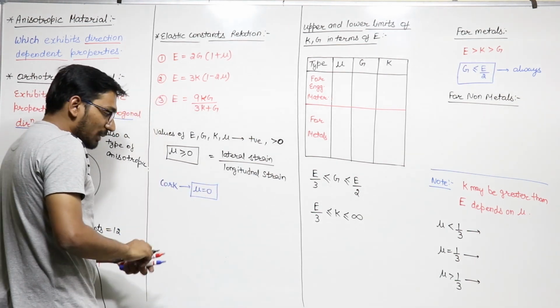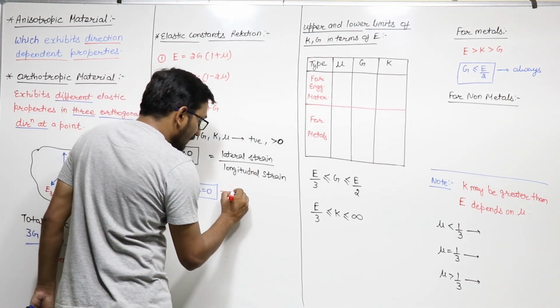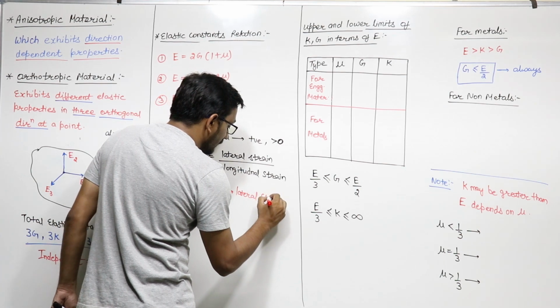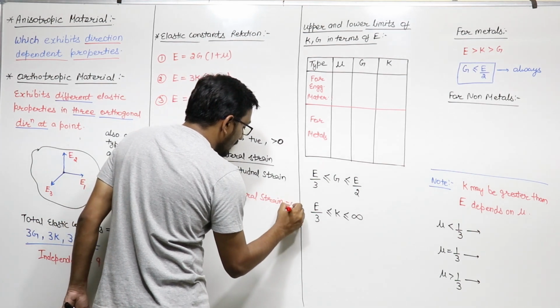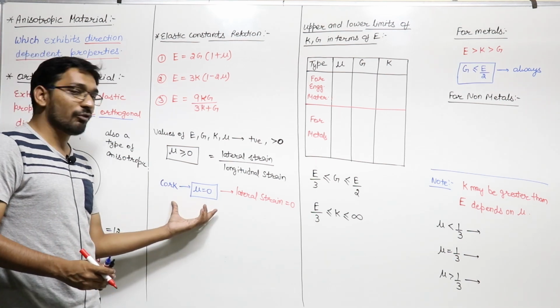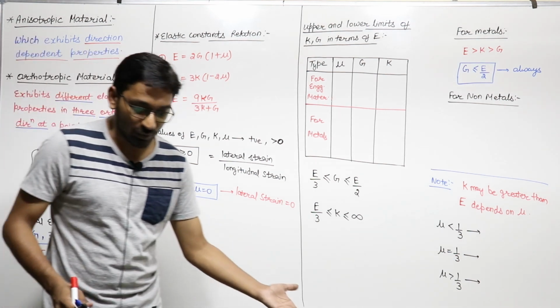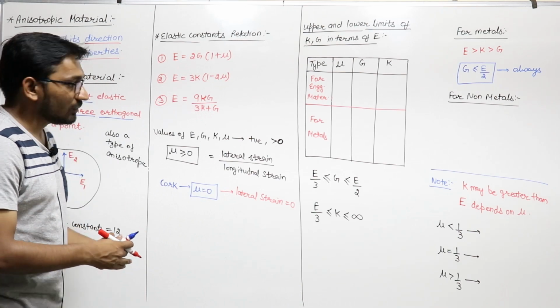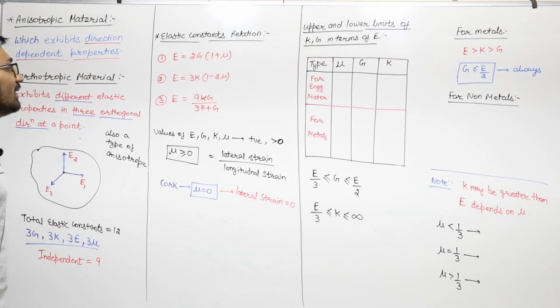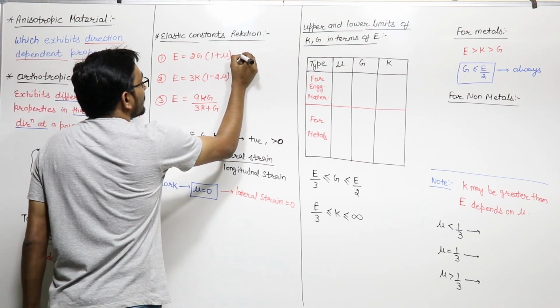The value of mu being 0 means the lateral strain will be 0. In cork, the lateral strain will be 0, and for the rest of the materials, the value of mu will be greater than 0, right?